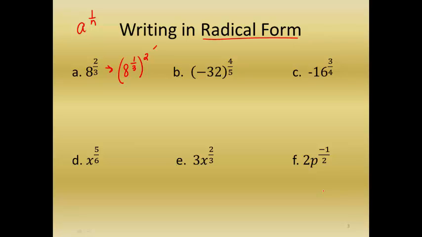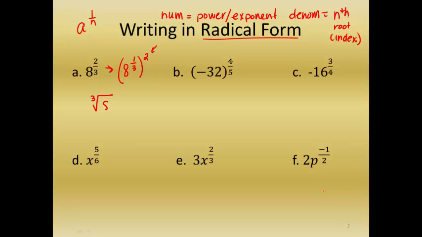So you can think of the numerator as the exponent, and the denominator as the nth root, as the index. So if you consider it that way, this is saying I want the cube root of 8 and I want to square it. This can also be written as the cube root of 8 squared.